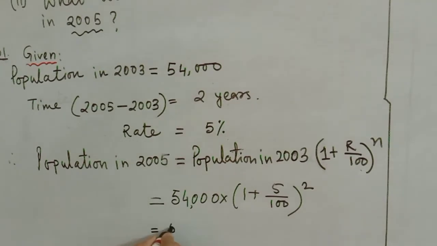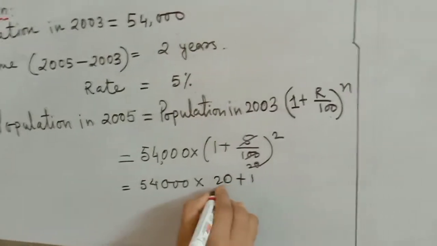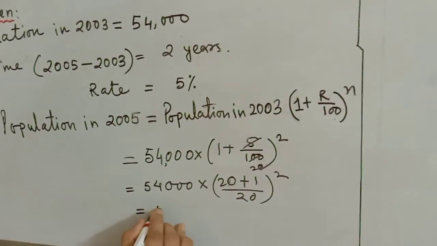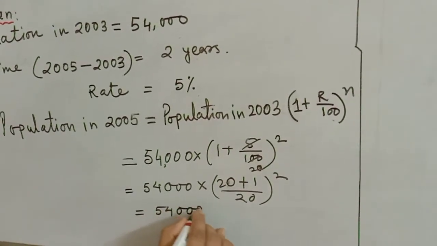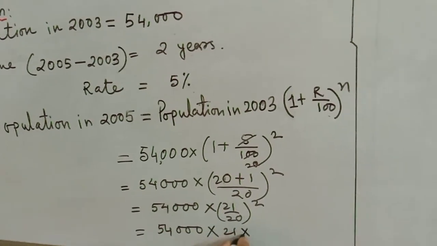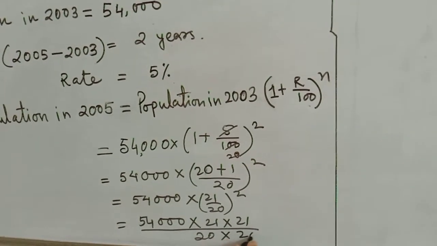Now 54,000 into (20 plus 1 by 20) whole to the power 2, that is 54,000 into (21 by 20) whole squared, which is 54,000 into 21 by 20 into 21 by 20.